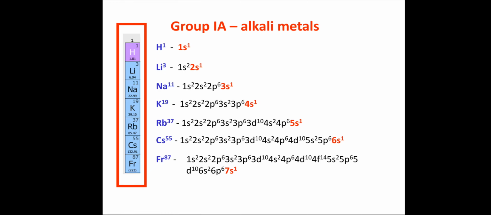Therefore, the general electronic configuration of alkali metals is ns1. Moreover, the one electron present in the s orbital is the valence electron, that is the electron present in the outermost orbital.